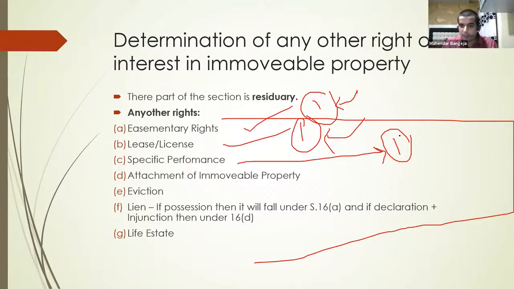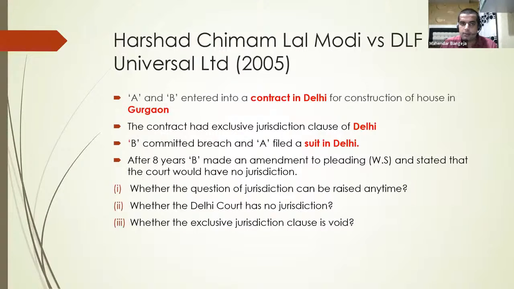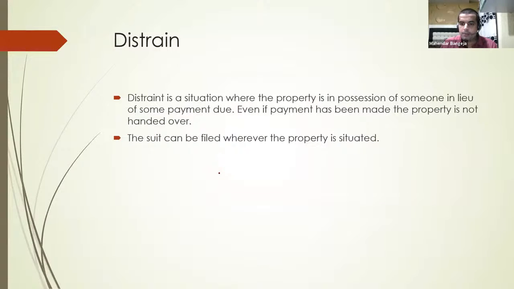So even for the specific performance of an immovable property, you will have to file a case where the immovable property is situated. Even for attachment of the property, where the immovable property is situated. Even for eviction, where the immovable property is situated. For lien, where the immovable property is situated. For life estate, where the immovable property is situated. Clear? Is this clear?